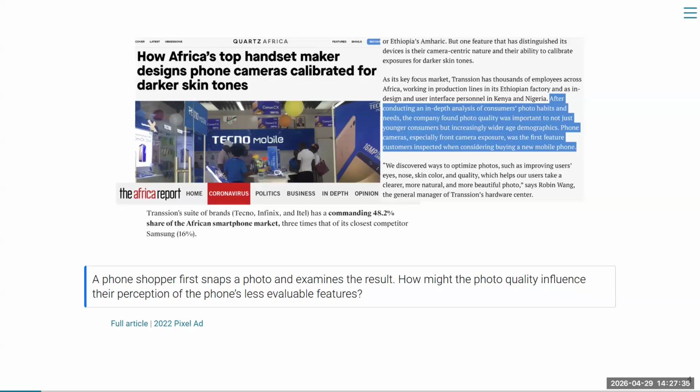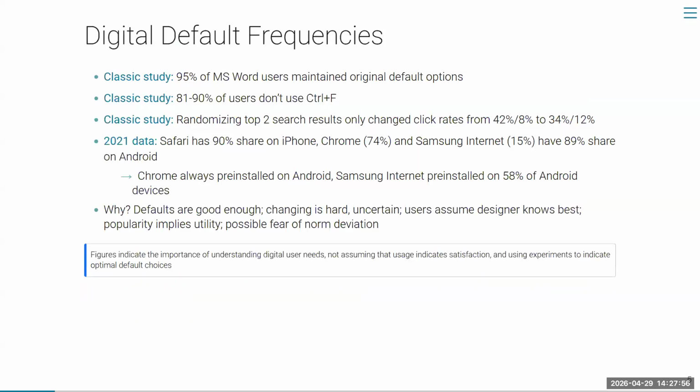Not long after this article came out, Pixel released a TV ad showing that if you change some of the settings in the camera, you can get great photos, including with darker skin. Lending some external validity to this account.